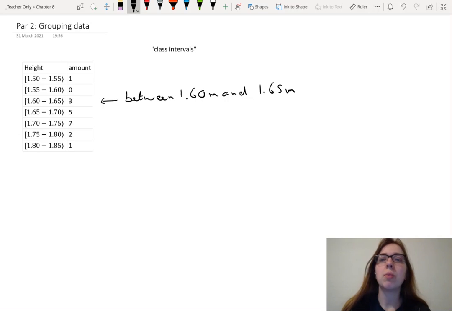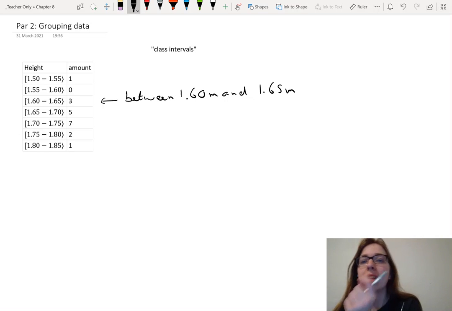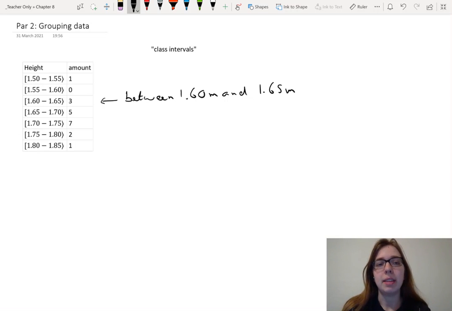So even if they're 1.64999, etc., they are in that interval. But 1.65 is not because of the pointed brackets. Someone that's 1 meter 65 will be in the next class interval.